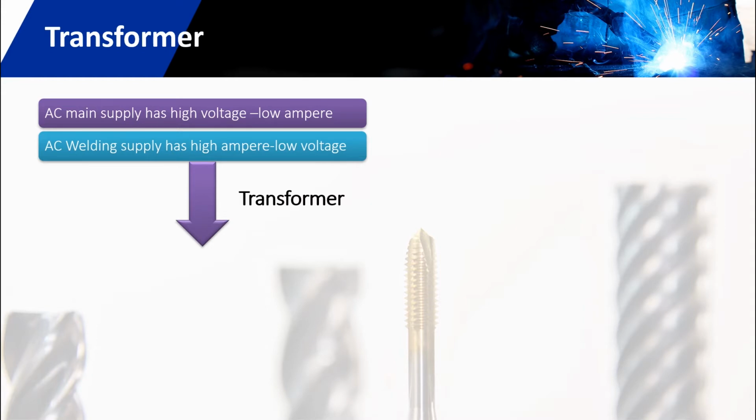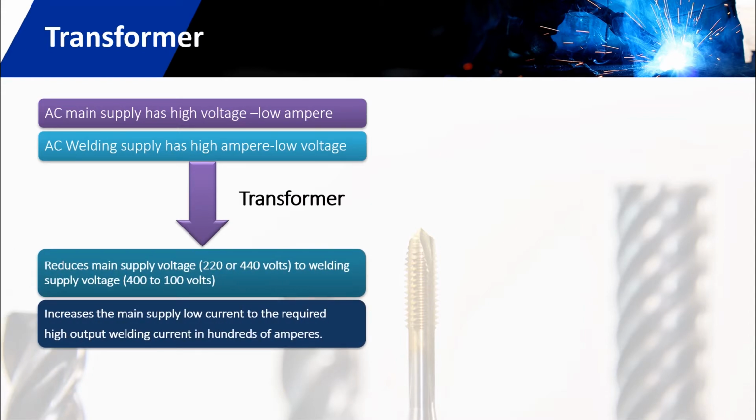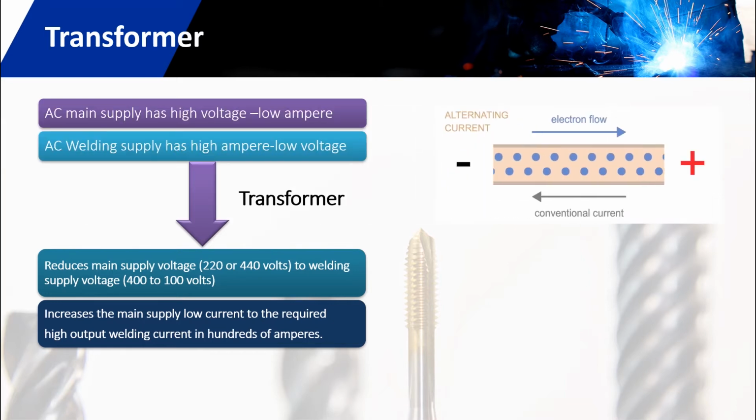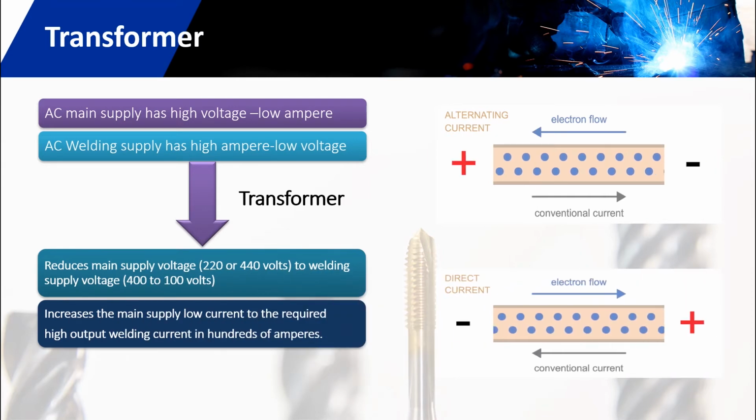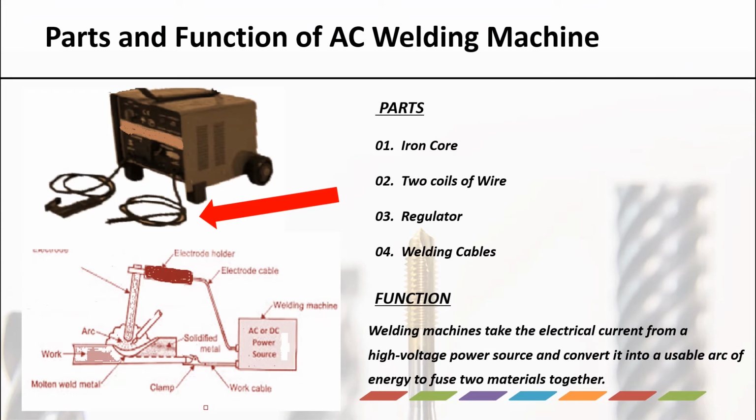This work is done by transformers. We use a step-down transformer for welding purposes. Transformers reduce main supply voltage, that is from 220 to 440 volts, to welding supply voltage, that is 40 to 100 volts.